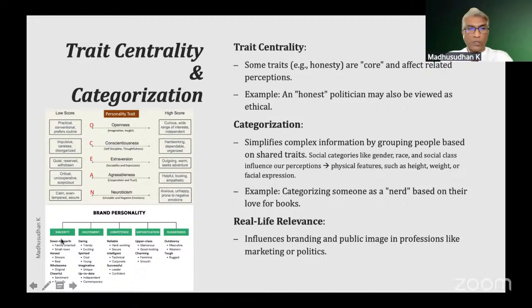Nike, just do it. They say daring. The second one, excitement: trendy, excited, spirited, imaginative, and up to date. So based on these traits, they design their colors, their dressing, their tagline, everything that influences the people who are purchasing it.